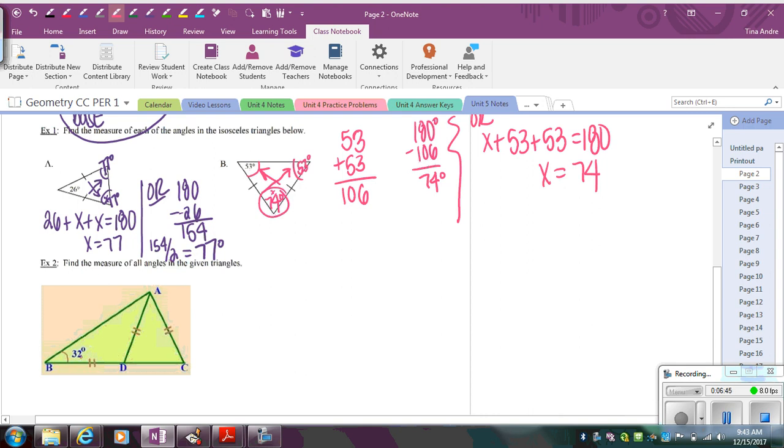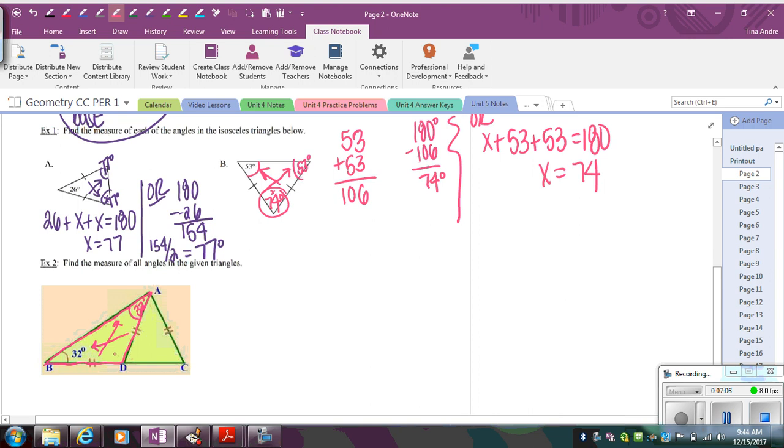So the first thing I look at is, where is there a number? There's a number right here. So I look at this triangle first, this obtuse triangle. And I see that it's isosceles. So right away, I'm going to say, okay, well, the angles opposite those congruent sides have to be congruent. So that means this angle right here has to be 32.